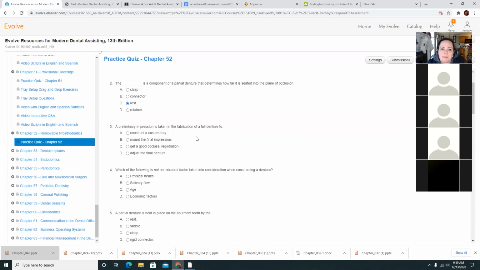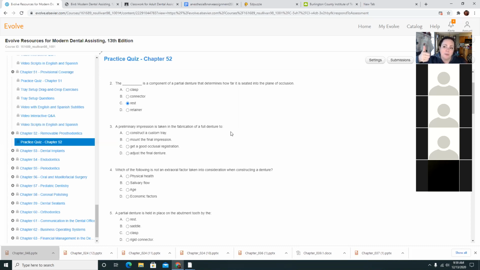A preliminary impression is taken in the fabrication of a full denture to, so let's talk about the steps of making an actual denture, not an immediate denture, an actual denture. The first step is preliminary or initial impression. Okay. What do we do with that initial impression? We make a what?